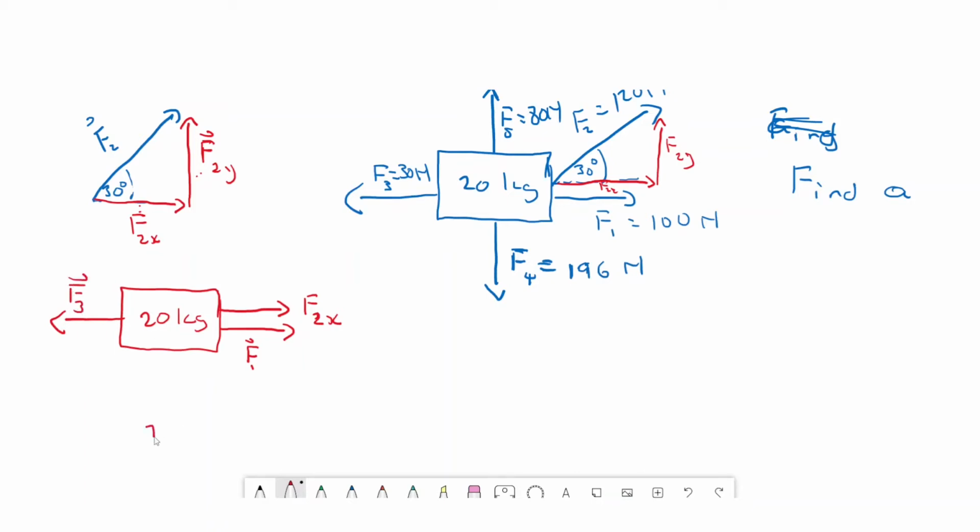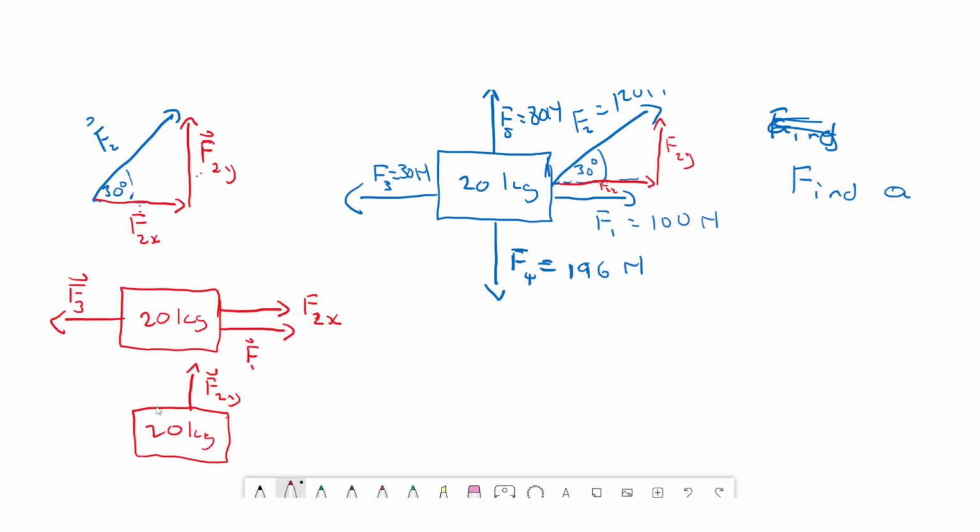Okay, so let's look at the ones that are in the y direction. That's 20 kg. What do I have in the y direction? Okay, I don't have anything that belongs to F1 in the y direction, but I have something that belongs to F2 that is in the y direction, and that is F2y. F2y is in the y direction, it's going up, it's facing up. Again, if you don't understand how I broke this down into components, go and watch my videos on vector.